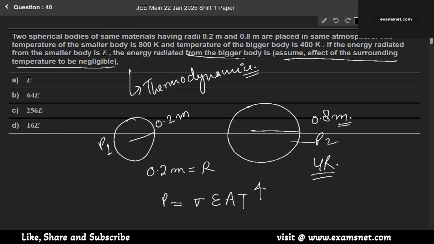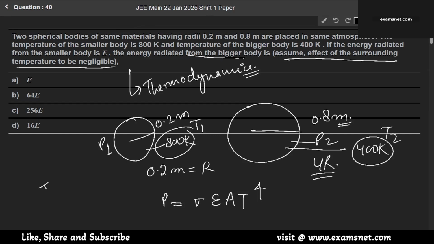The smaller body has temperature 800 Kelvin and the bigger body has temperature 400 Kelvin. Let us say this is T1 and this is T2. If T2 is 400 Kelvin, then T1 equals 2T2.